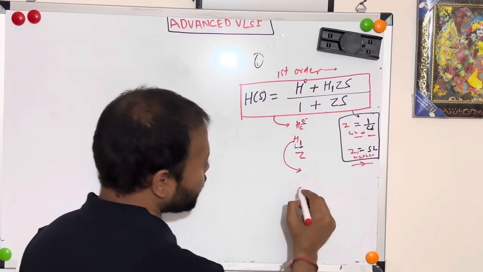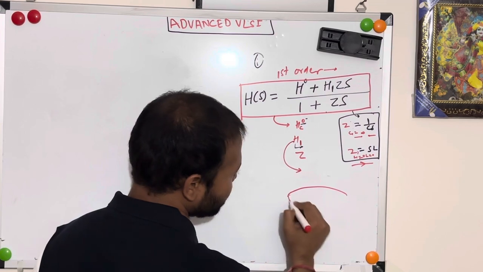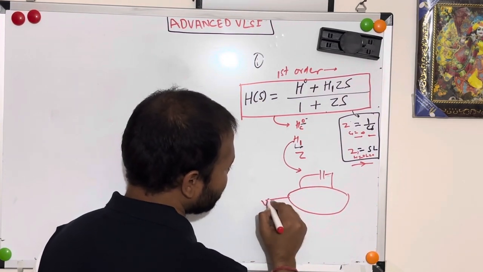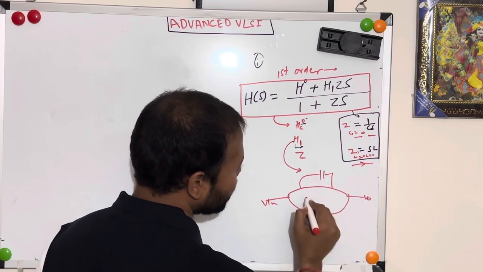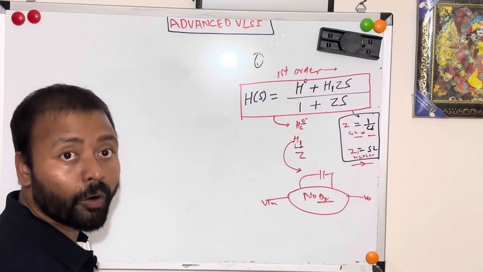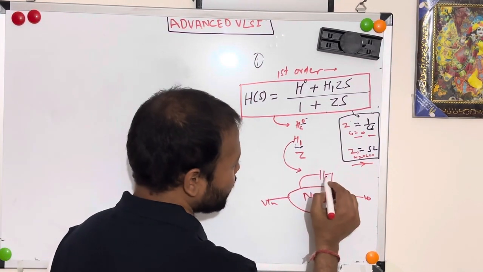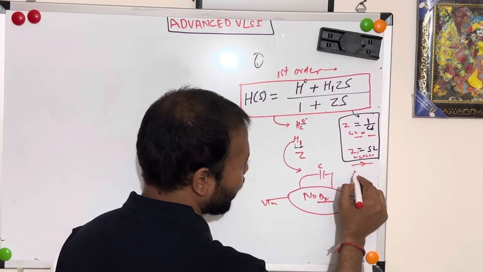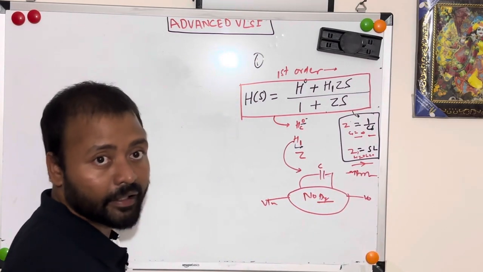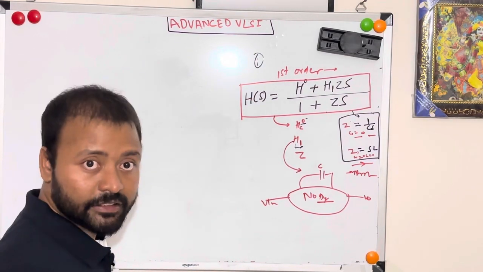You have to remember that a first order system means you have a network, maybe containing a capacitor, with this as input and this as output. There is no dynamics. No dynamics means there is no other storage element. If this is a capacitor, and if this is an inductor, then it's one energy storage element.